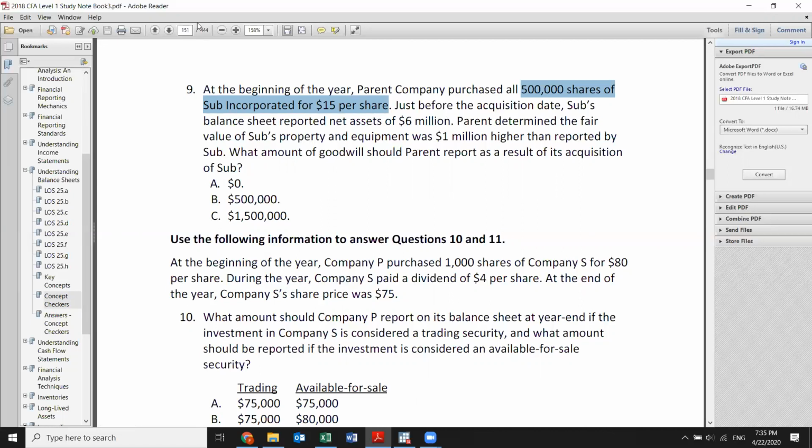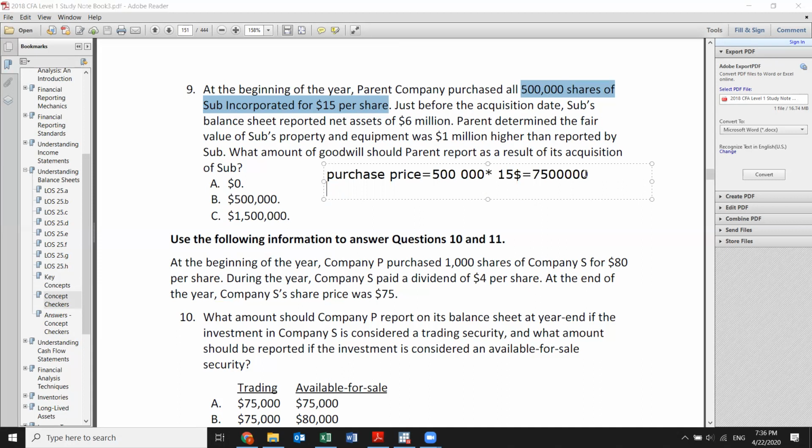First of all, we should determine the purchase price. The purchase price is 500,000 shares times $15 per share, which is $7.5 million. Then you should come up with the goodwill. We know goodwill is the purchase price minus the fair value of net assets.